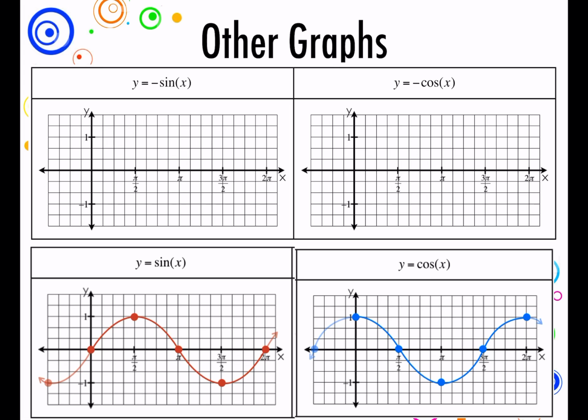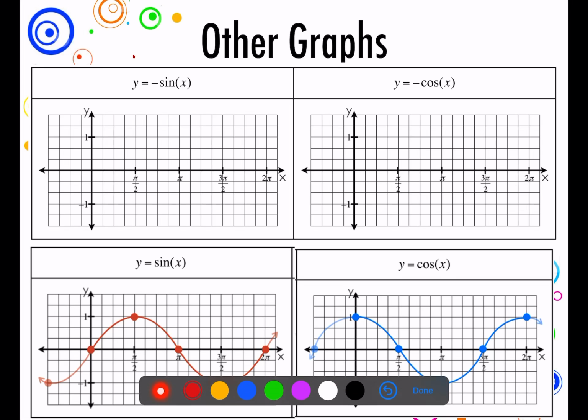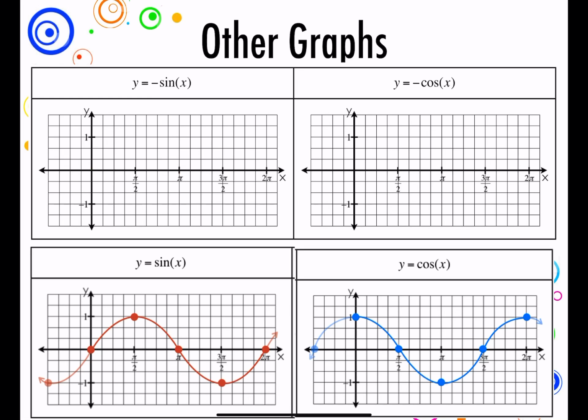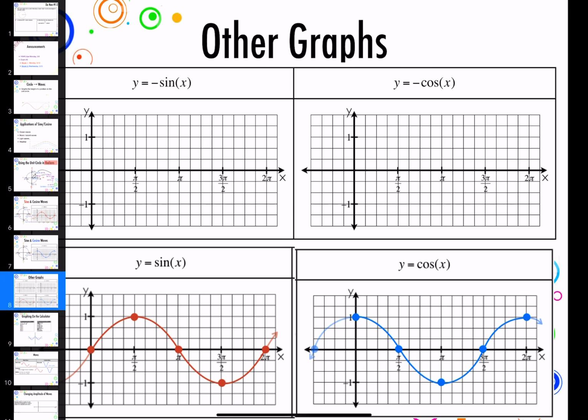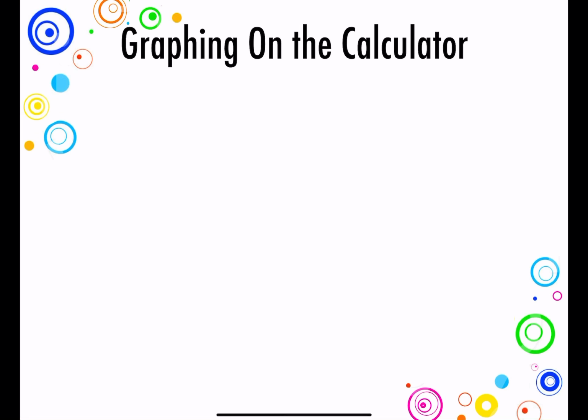So for sine, if I start at 0, notice the next value in the sine graph was 1. In negative sine, it's going to be -1. The 0 value doesn't change. At 3 pi over 2, notice it was -1.